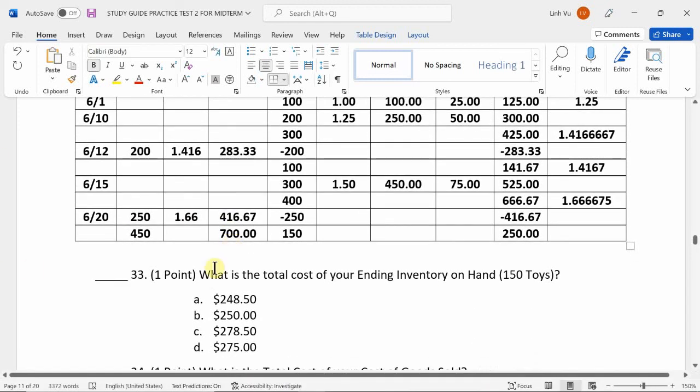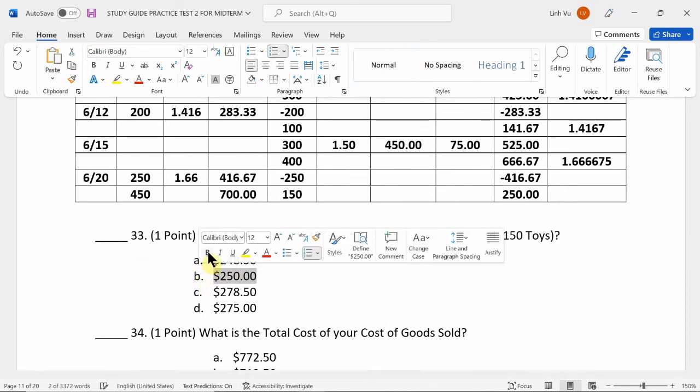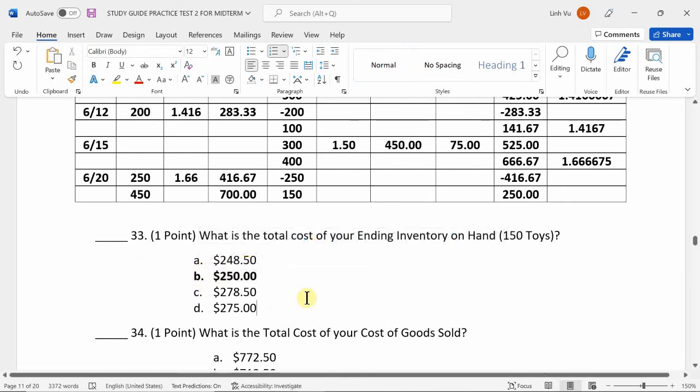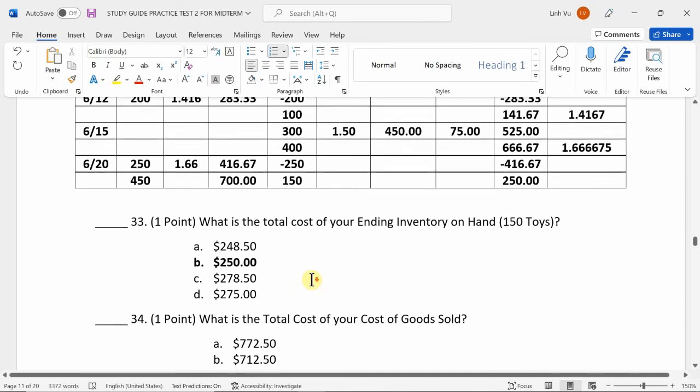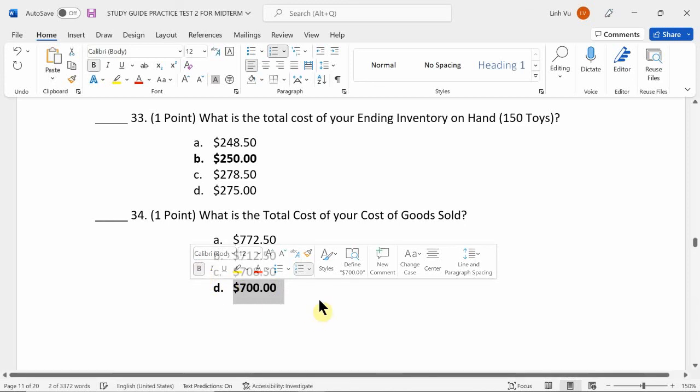Okay, so again, what is the total cost of your ending inventory on hand? We got 250 units or $250 for 150. And then what is the total cost of your cost of goods sold? We sold a total of $700.